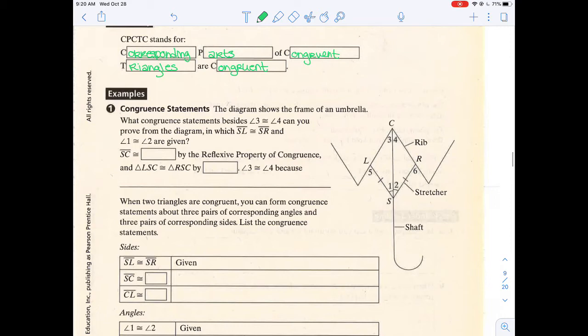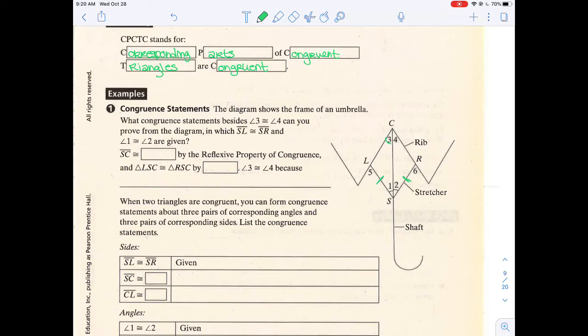Example 1, congruence statements. The diagram shows the frame of an umbrella. What congruence statements besides angle 3 is congruent to angle 4 can you prove from the diagram, in which SL is congruent to SR? So this side over here is congruent to this side.